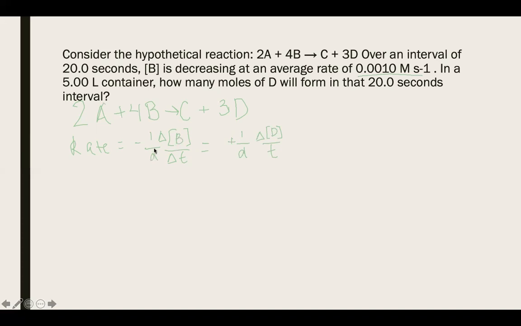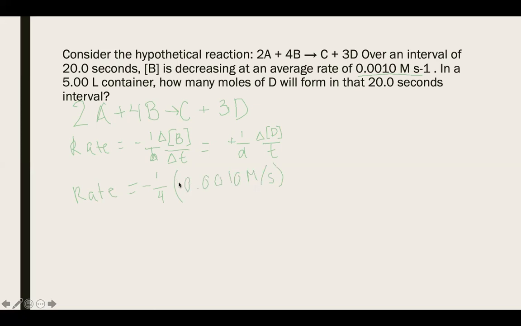So in order to figure out the rate of the entire reaction, we plug in just the rate of B. Because we have 4 moles of B, we're going to have 1 over 4, because the coefficient in front of B is 4. And then we have the rate of delta B over delta T, which is 0.0010 molar per second, because we're given that in the problem.